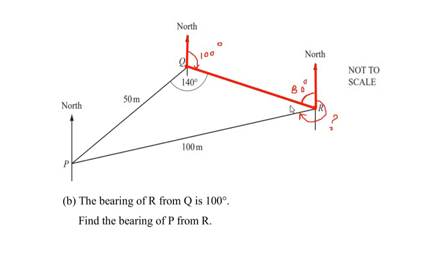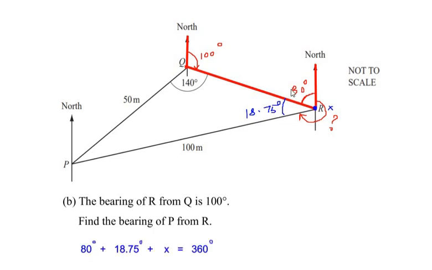Now in part A of this question, we had got the value of angle R as 18.75 degrees. Now let us find out what is the angle at point R. This is the angle we need to find, so let us take it as X, and the angle made at point R should be 360 degrees. So we are going to add up all the angles and write over here as 80 plus 18.75 plus this angle X, which we need to find out, is equal to 360.